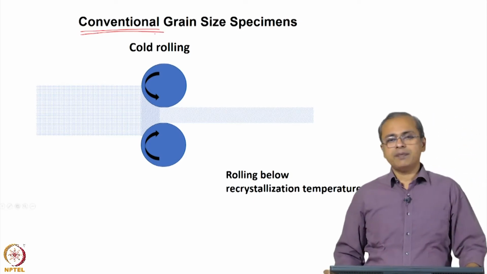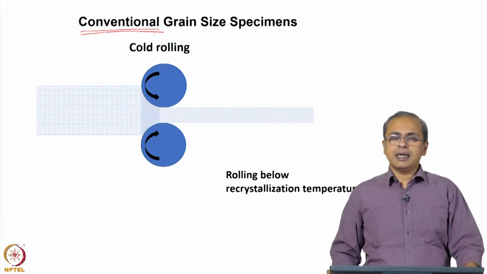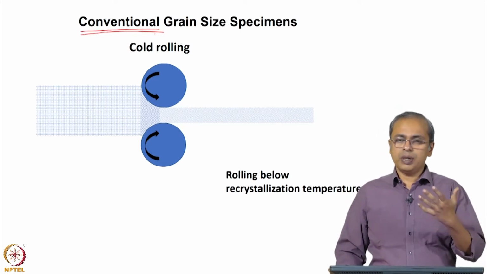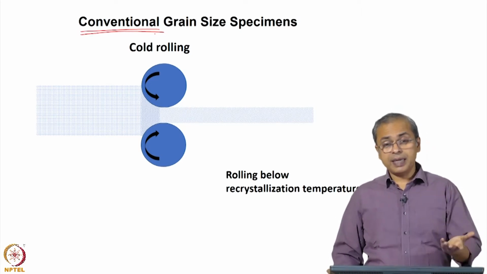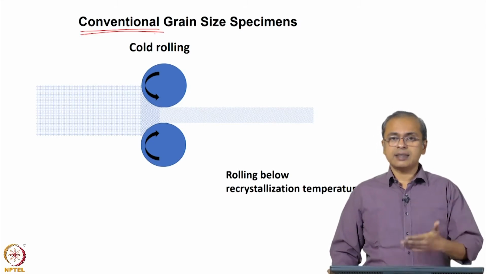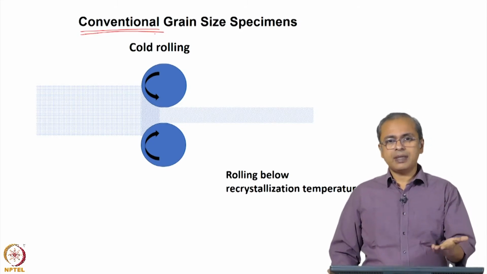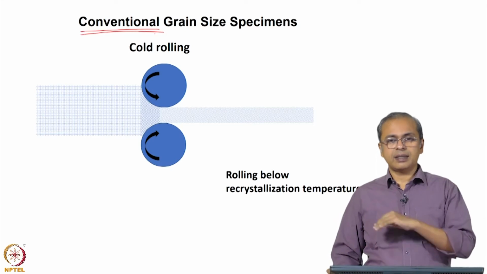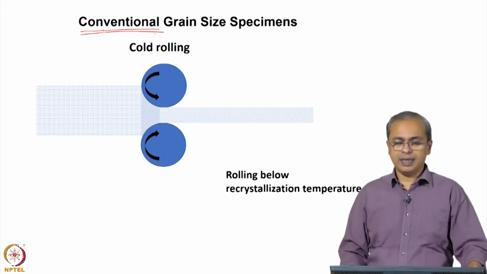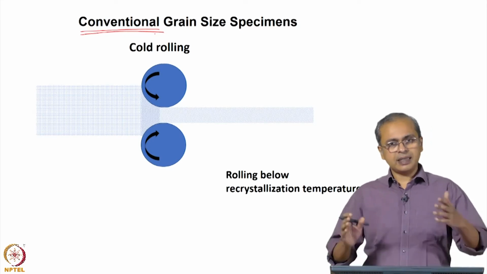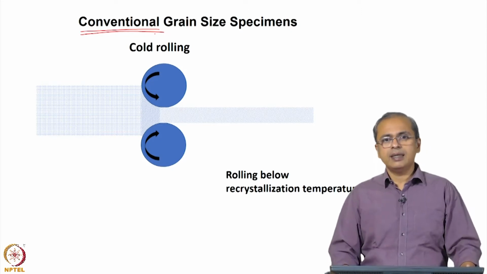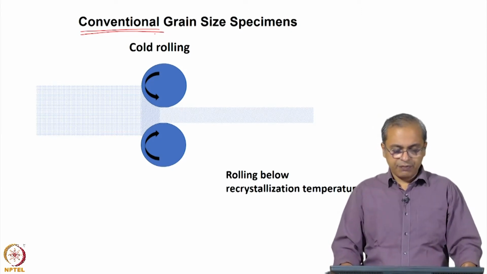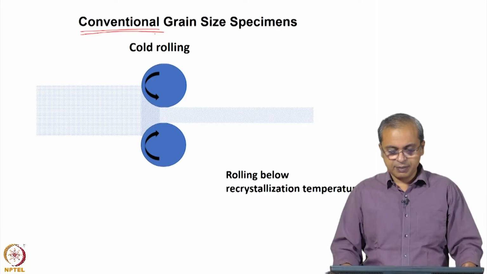The reason we say conventional grain size is because if you go to a typical hardware store or typical supplier of materials, chances are they are already giving you a sample that is in this grain size range, and that is the typical material that you are going to get, and that is what we are referring to as conventional grain size specimen.